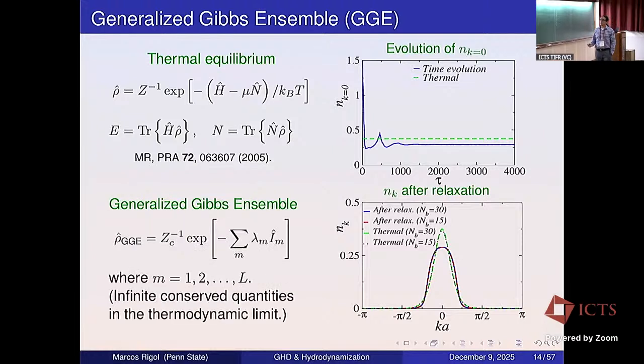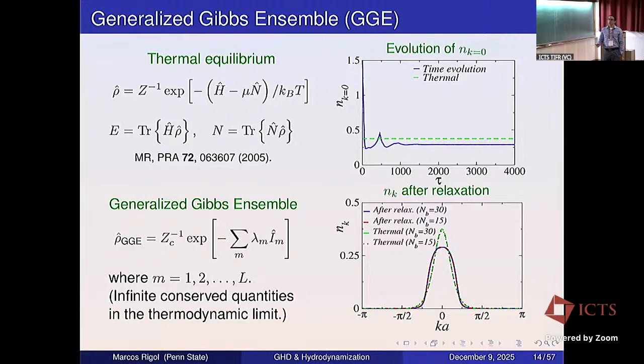If you do that, you have to write a generalized Gibbs ensemble, where the number of terms scales with the number of lattice sites in your system. So if you go to the thermodynamic limit, you have infinite conserved quantities. Now, if you are dealing with thermal equilibrium, you use the energy and the number of particles to fit the chemical potential and the temperature, and this is done numerically.